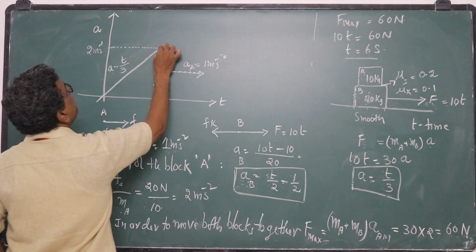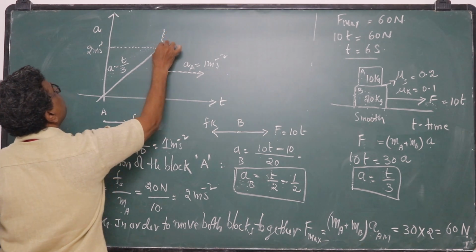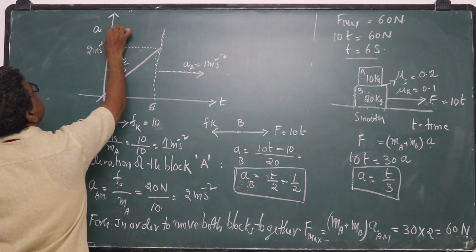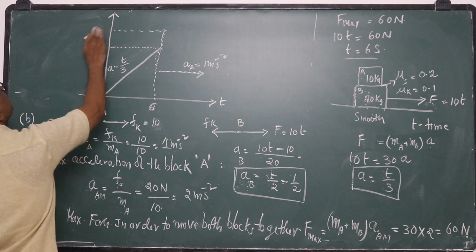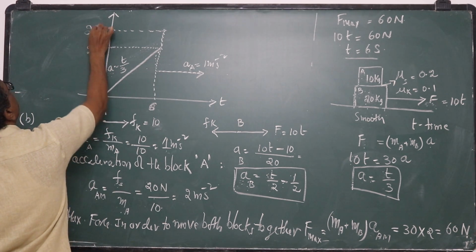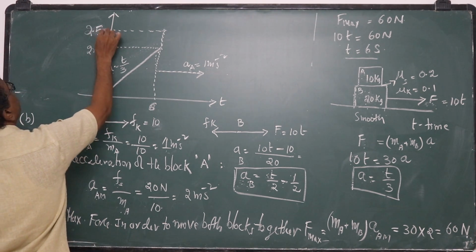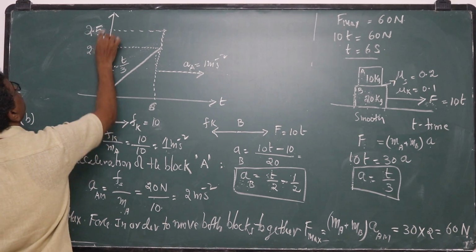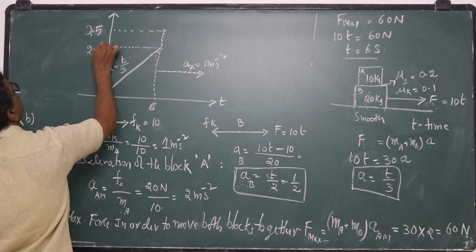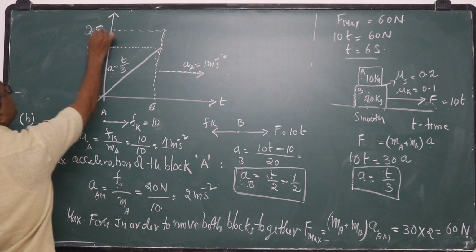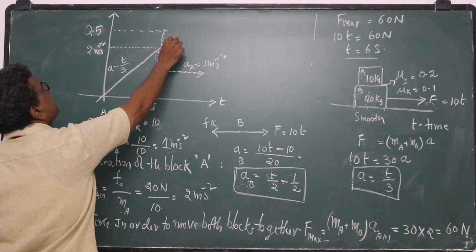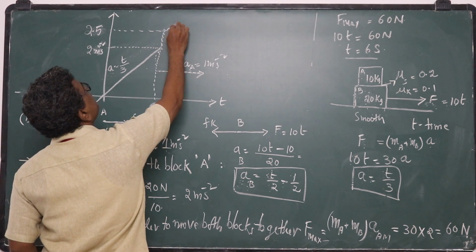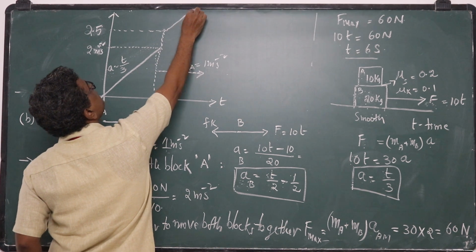So if it exceeds this value, the acceleration of B jumps to 2.5 meter second to the power minus 2, and again it starts increasing like this with time.